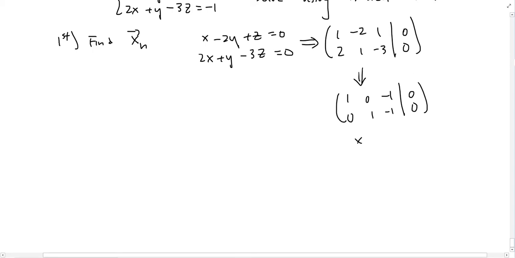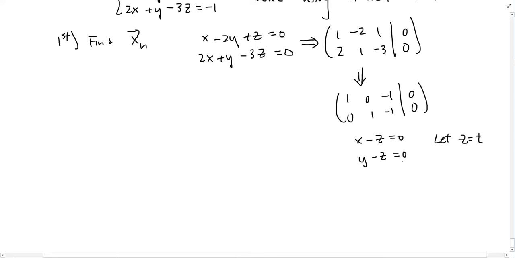And that implies x minus z equal to 0, y minus z equal to 0. Remember, in this case, the two 1s are the leading entries. Therefore those two are the leading variables. That leaves z to be our parameter.